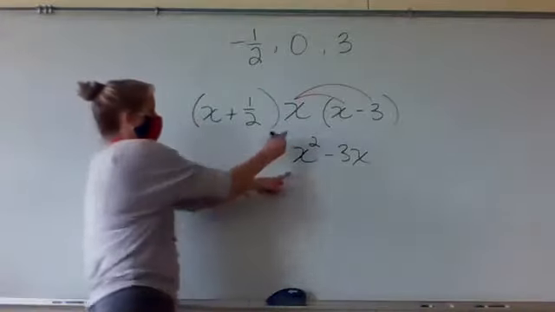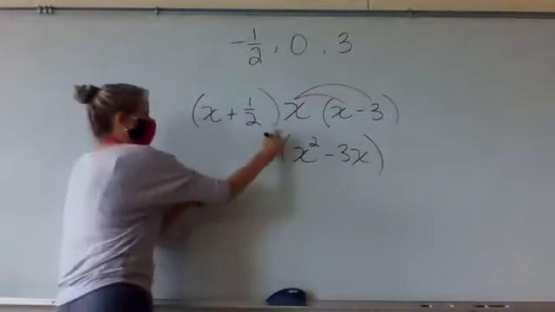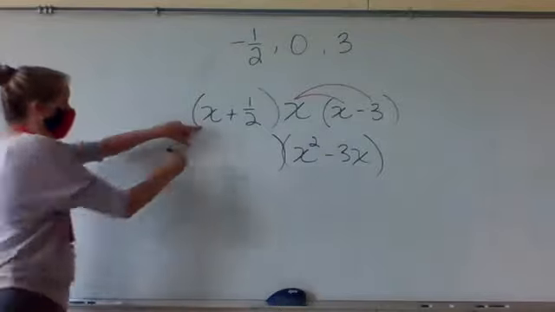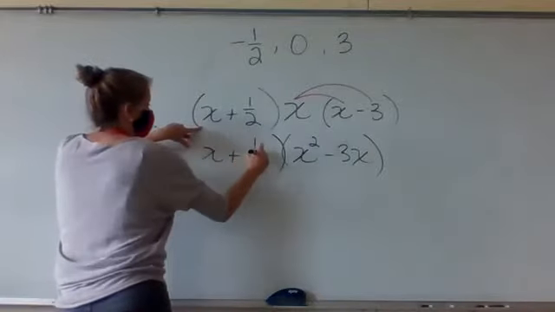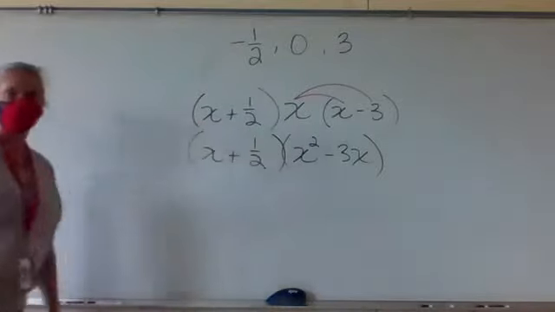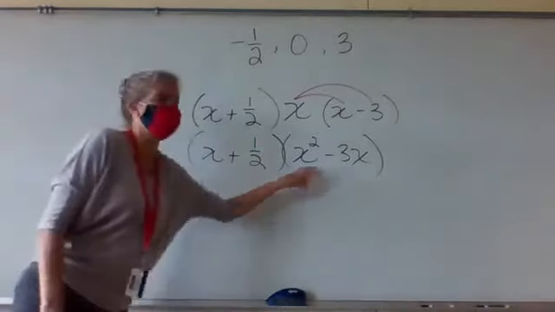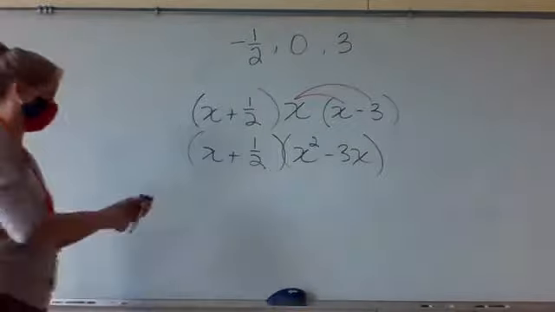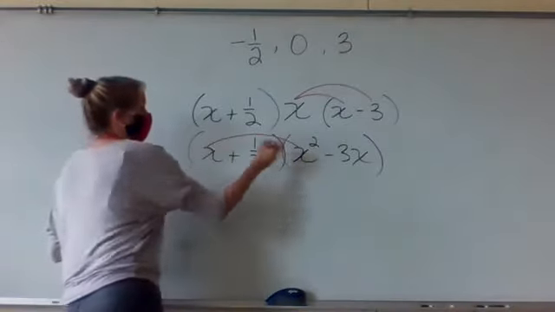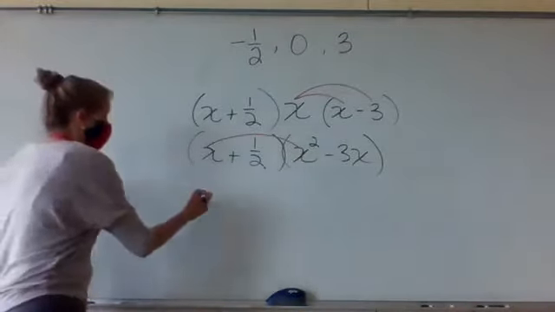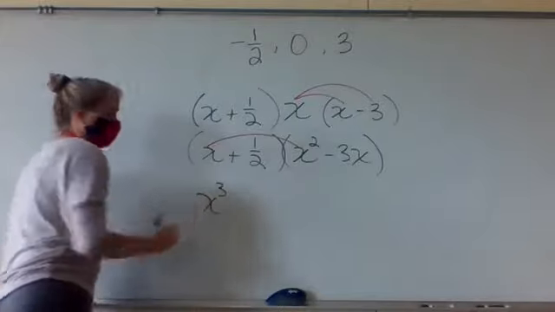But now what do I have to multiply this result by? So what I'm trying to avoid is still here, right? So now I'm multiplying these 2 binomials together. Let's see what that gives me. X times x squared gives me x to the third.